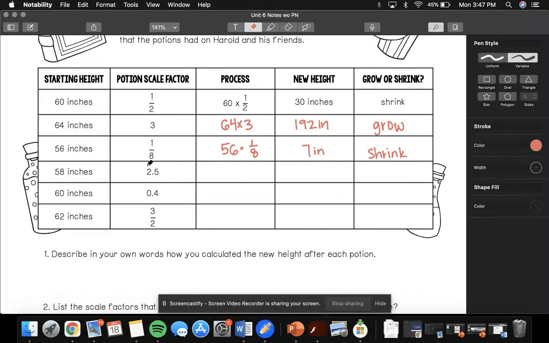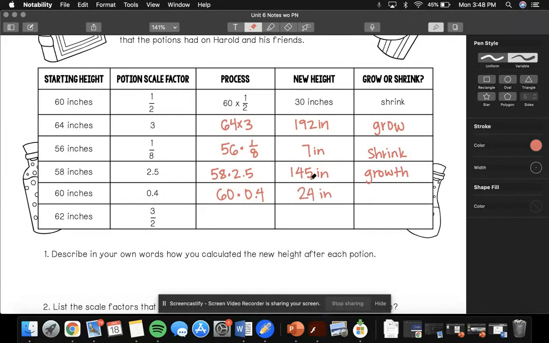For the next one, we have 58 inches with a scale factor of 2.5, which would be 145 inches, which would be a growth. Next person was 60 inches, and they took a scale factor of 0.4, which would be 24 inches.